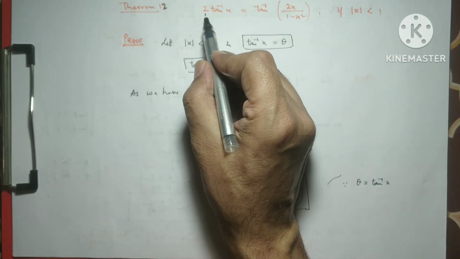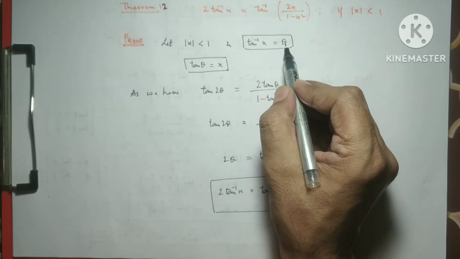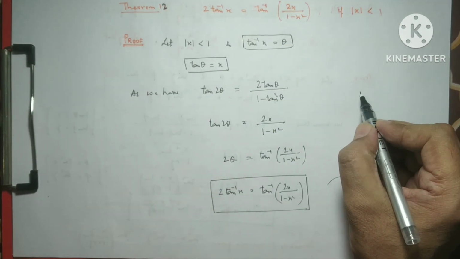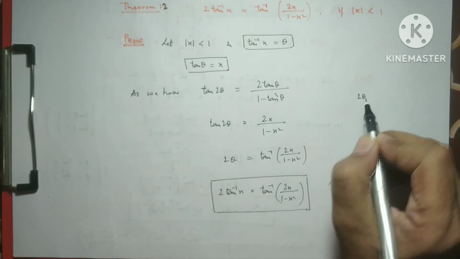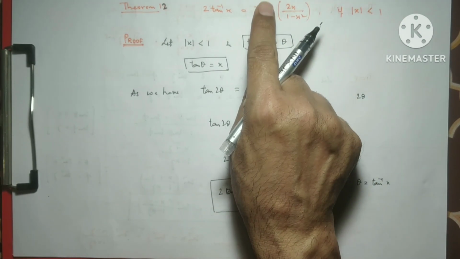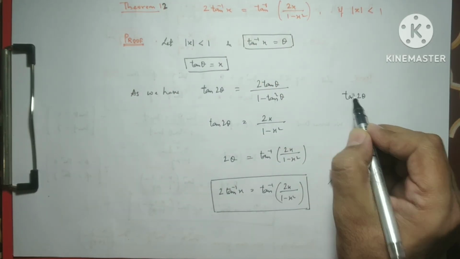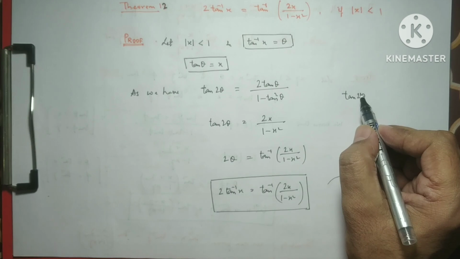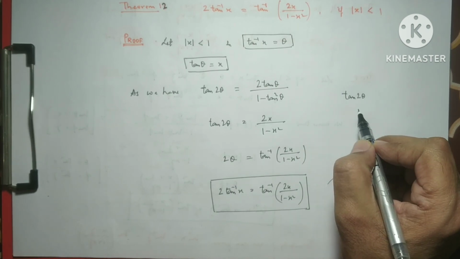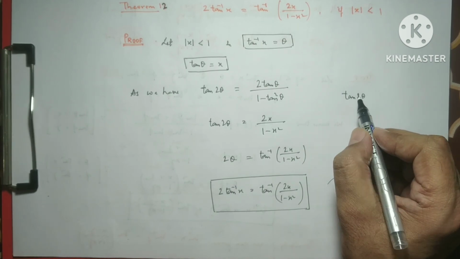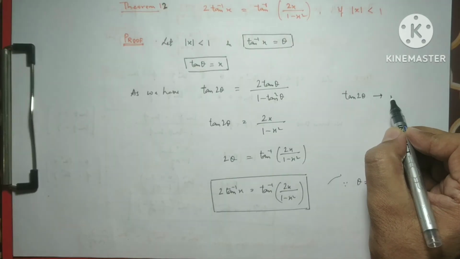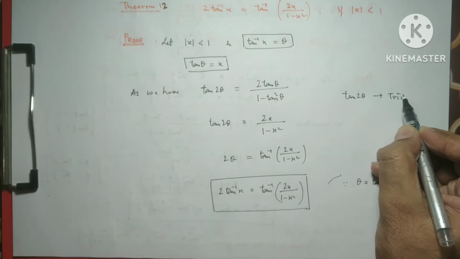It is 2 tan inverse x, and tan inverse x is theta, so it becomes 2 theta, and when this tan inverse comes to the left-hand side, this becomes tan 2 theta. So we use the formula of tan 2 theta. This is a trick for getting the formula.